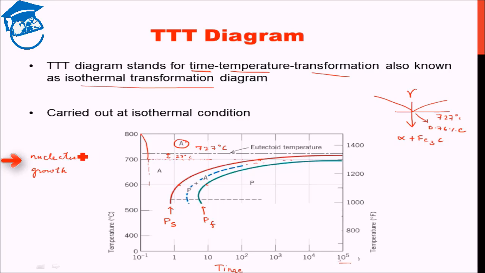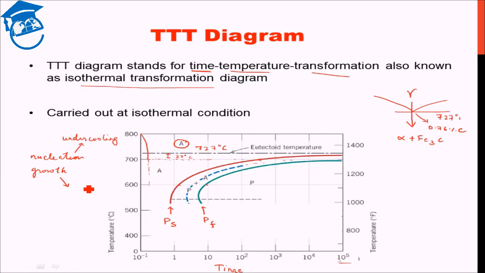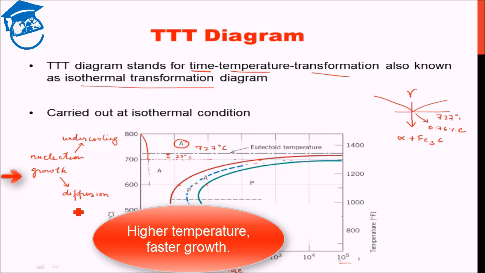As I said previously, for nucleation you need undercooling. You need to have a driving force. Less the undercooling, more time nucleation will take to occur. Growth is diffusion based. So for growth, higher temperature, faster the process.